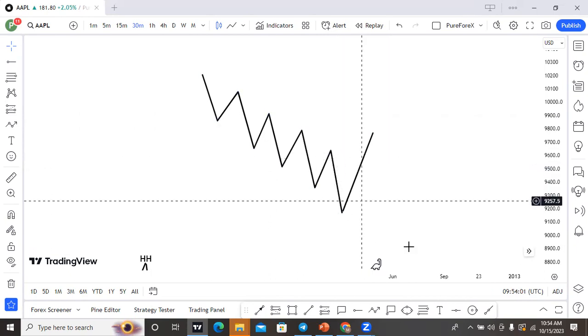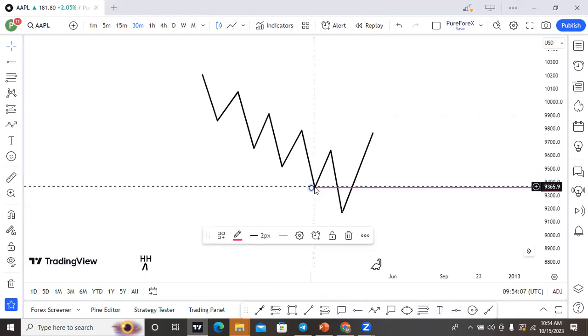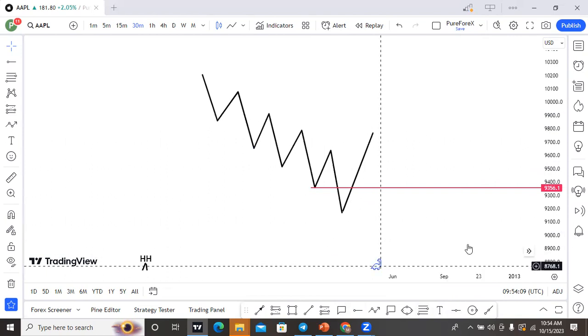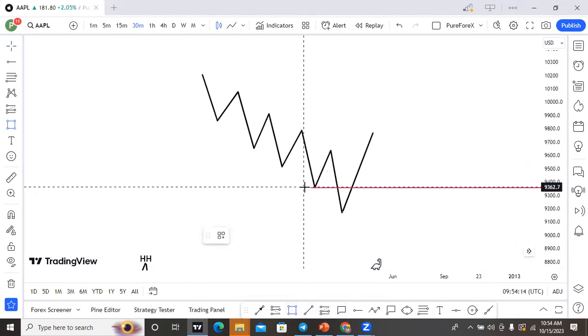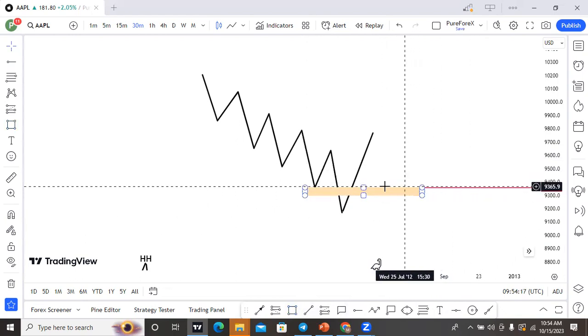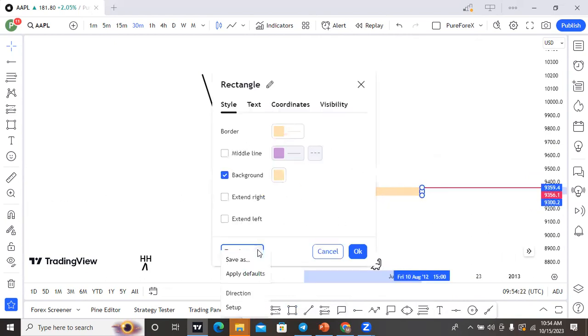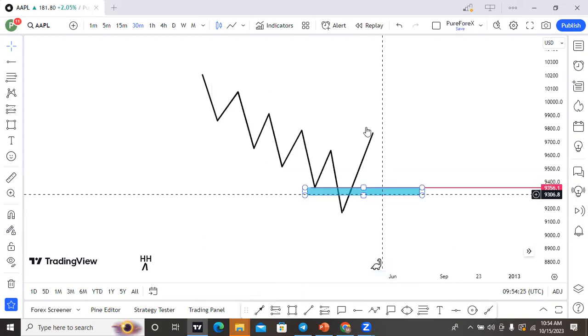So when this happens on the chart, we mark the left shoulder of this QM, then we expect the market to come back. This is how I always mark. If you are in my channel, you will see that I always mark something like this, guys. Let's change this to another color. We mark like this.